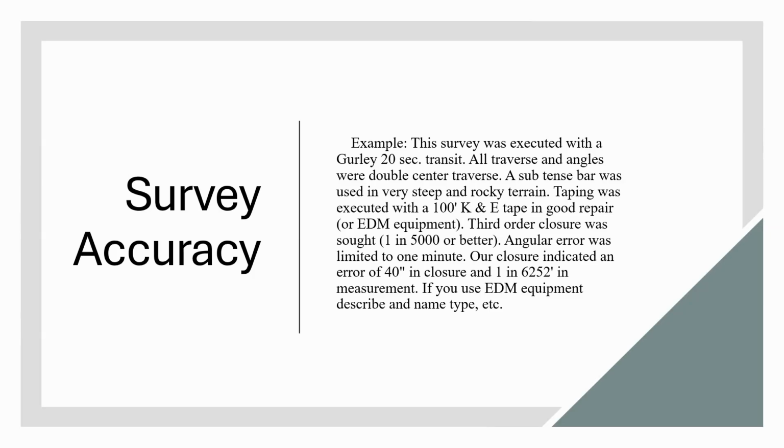What type of angular errors did you limit any of your individual or overall measurements to? And again, just what are the actual limitations of our equipment? Because they do have limitations, and those should be stated here. Just because the computer can point out 20 decimal places doesn't mean we measured that accurately.